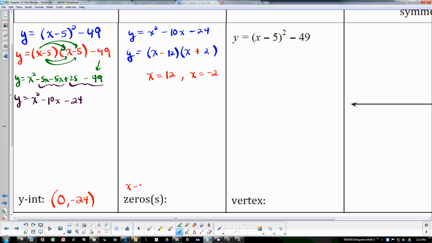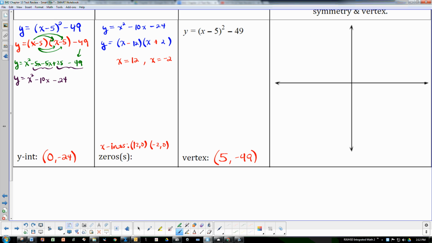So the x-intercepts are going to be 12, 0 and negative 2, 0. We definitely can get the vertex from vertex form. This is 5, negative 49. And let's go ahead and graph everything.